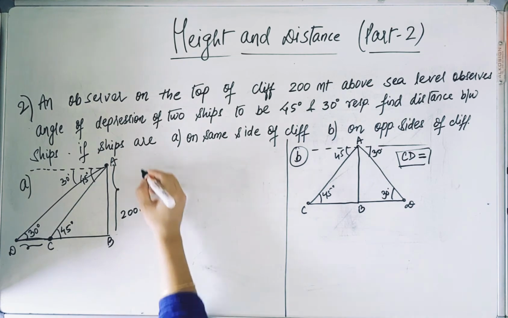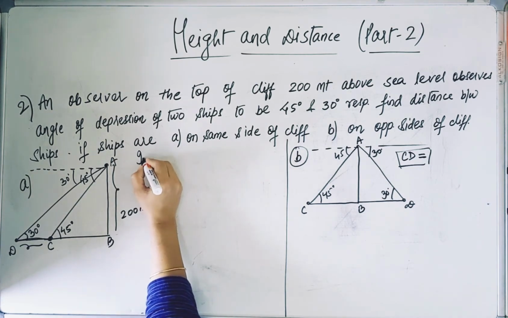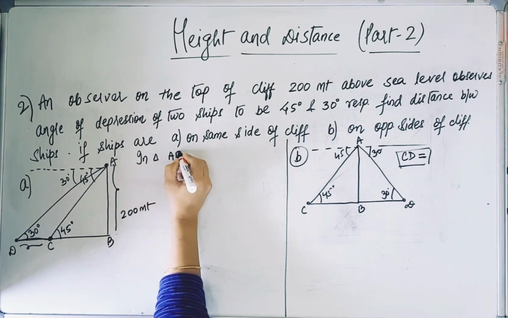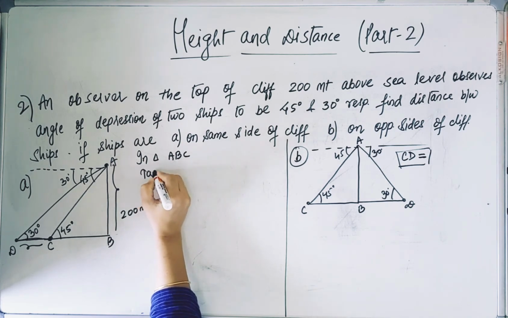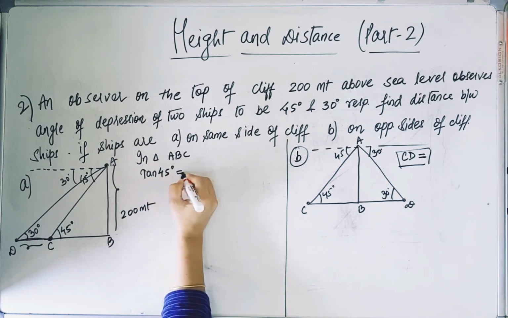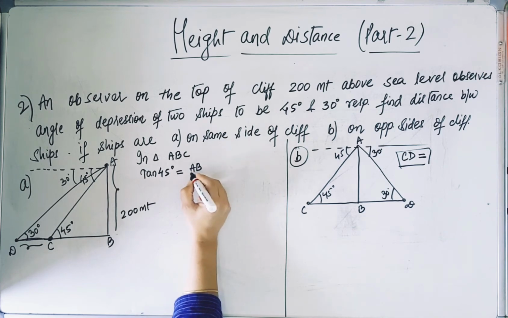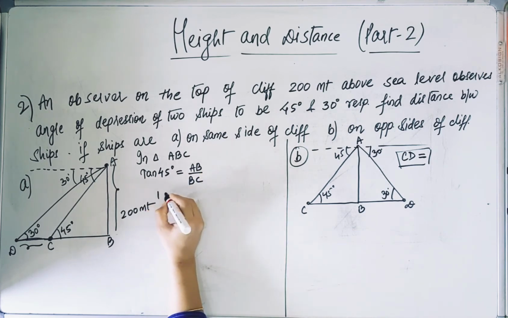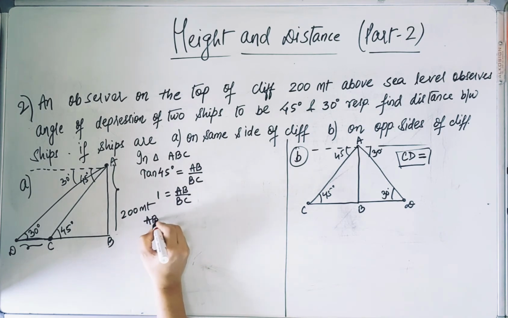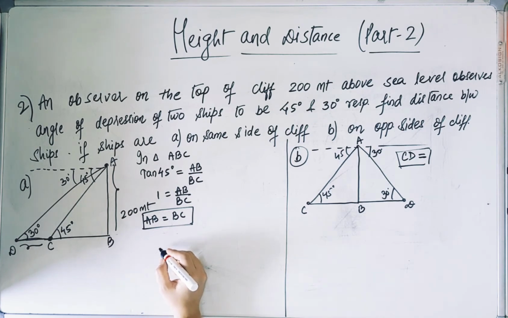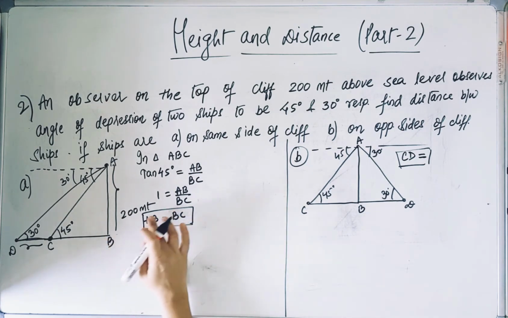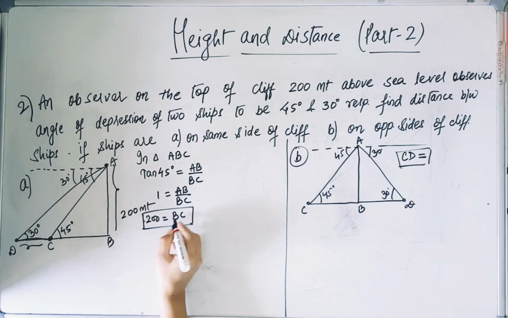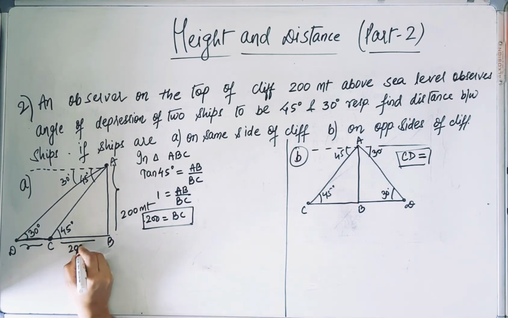Now we'll solve it. So when we'll solve it, in triangle ABC, tan 45 is equals to AB by BC. So it is 1, AB by BC. So AB will be BC. This is first part. Now AB is 200 meters. So BC is equals to 200 meter.